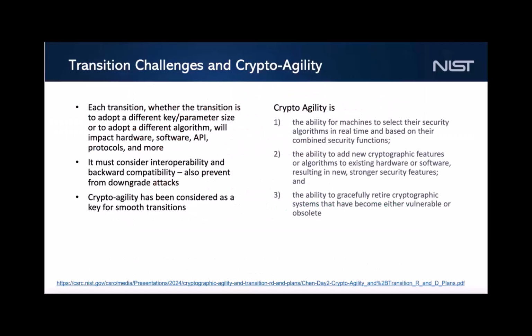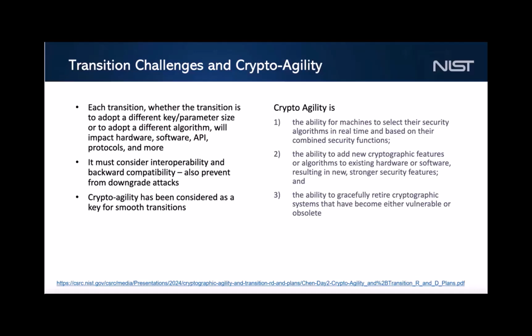So in doing this, to combine everything, what comes in is this concept of crypto-agility, which has also been proposed by NIST, and that's why I borrow their slides. This is their view of what crypto-agility is.